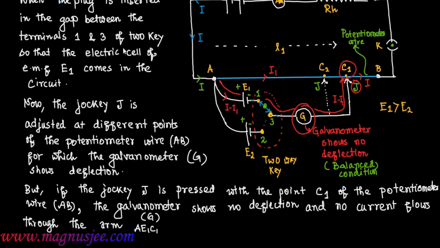If the jockey J is touched with the point C1, galvanometer G shows no deflection and no current. That means I minus I1 will be 0. No current will flow through the arm AE1C1.